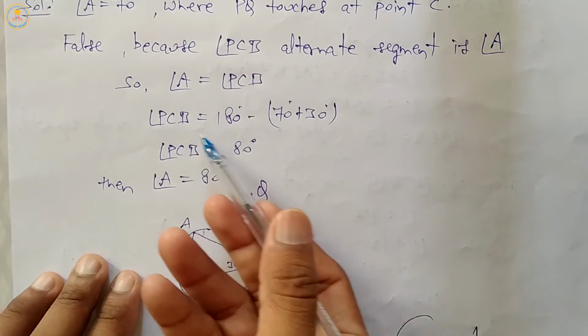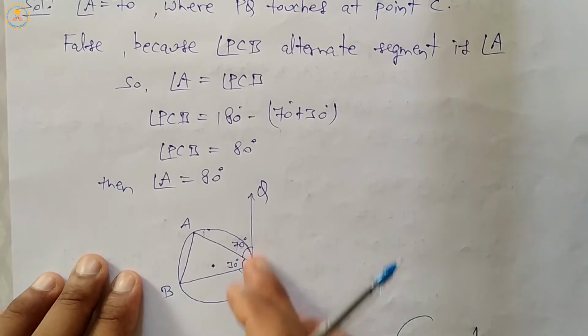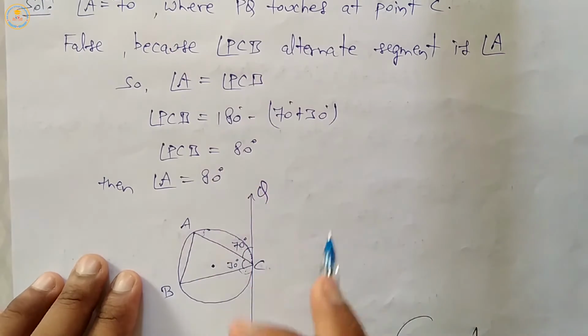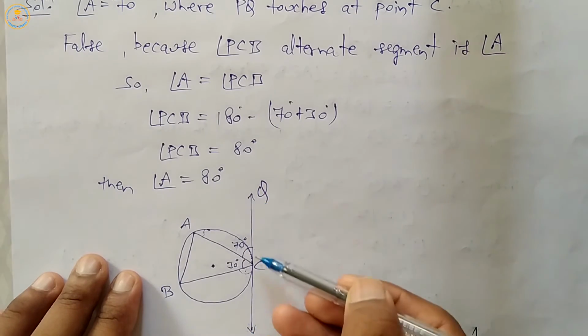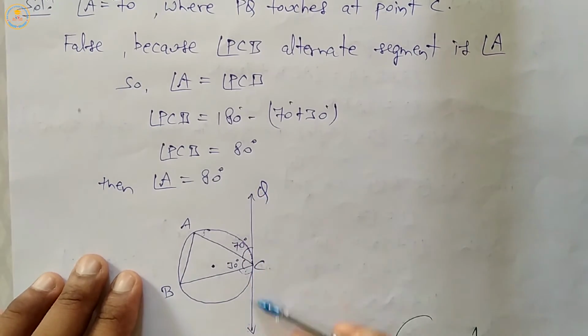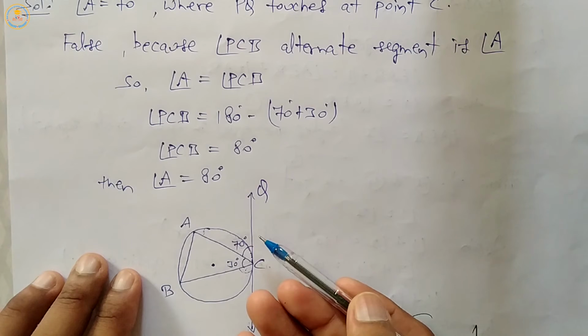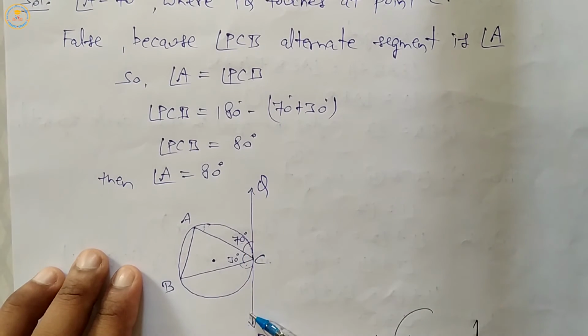PCQ is a linear pair, and the sum of angles on a linear pair is 180 degrees.